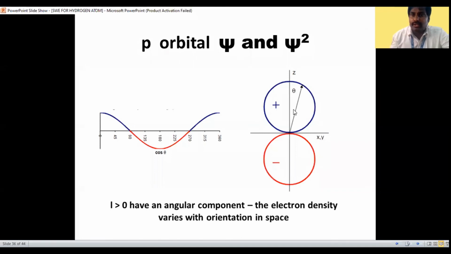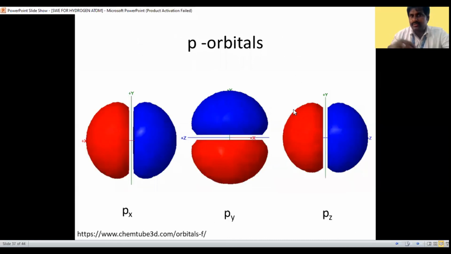Okay, if you see the p orbitals visually, I have taken these images from this site, chemtube3d.com. If you want, you can visit this site and see. Yes, you see that for px orbital, through x, electron density is maximum. Along y and z, there won't be electron density.